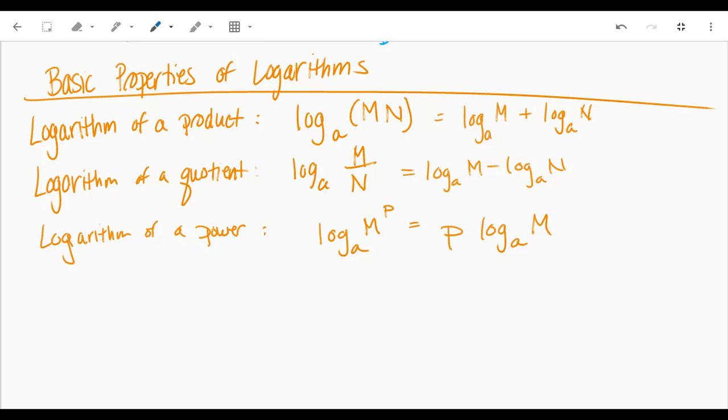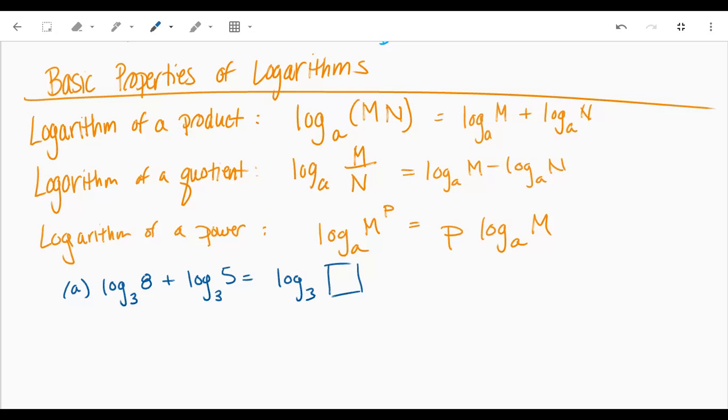The first one, log base 3 of 8 plus log base 3 of 5 is log base 3 of what? Notice in order for any of these to work, they all have to be in the same base. So we couldn't do a log base 4 in here. But we fill in the blank.